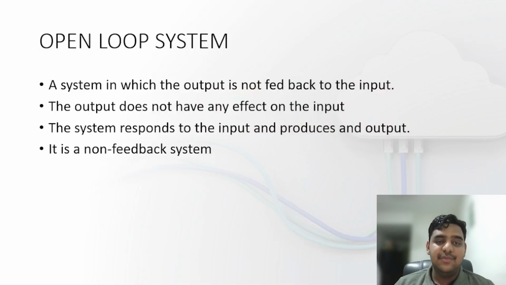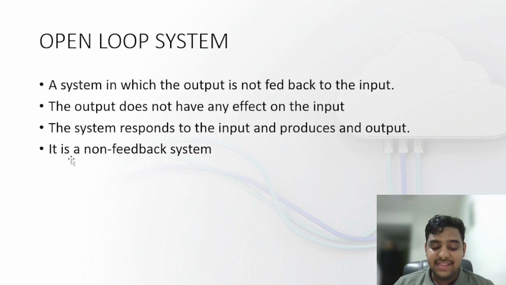So basically, an open loop system is a system in which the output is not fed back to the input. It does not have any effect on the input. It responds to the input and produces output, and there is no feedback given to the system again once the output is created. So it's a type of control system where output is not measured and fed back to the input for correction.